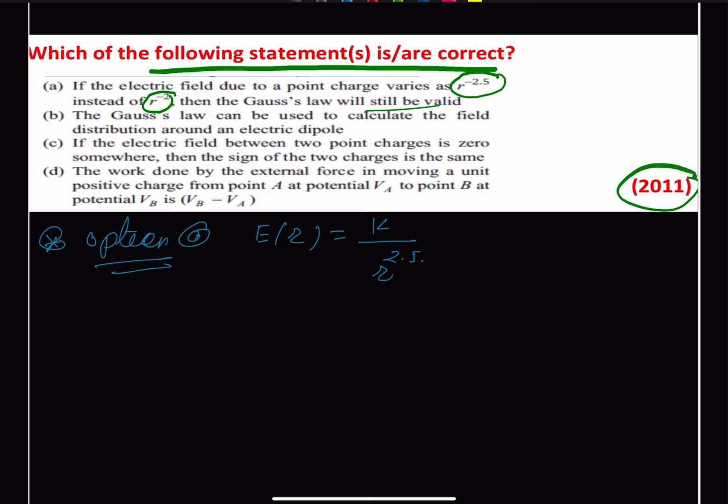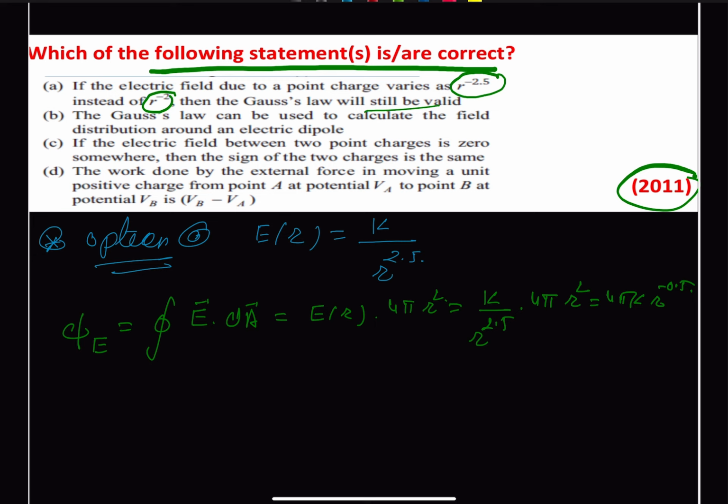And we can find the flux based on this given equation. The flux for a closed surface will be equal to E multiplied by the small area, so we can write E of r times dA, which is 4 pi r square for a closed surface. E of r we already know is k upon r to the 2.5, and multiplied by 4 pi r square, this gives us 4 pi k r raised to power minus 0.5.